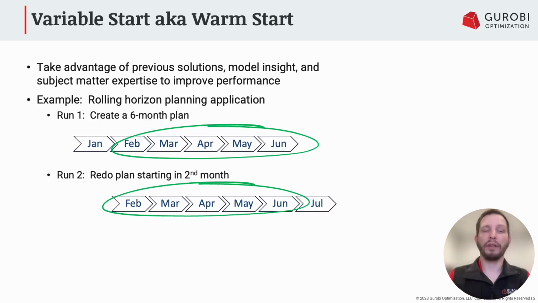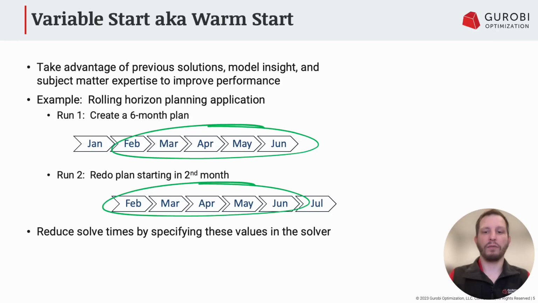That seems reasonable, particularly if not much has changed in the input data. Specifying something like this can really improve where the solver starts, and make it much easier to get to your global optimal solution.